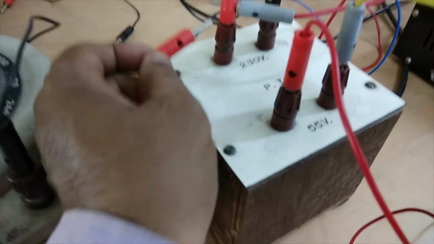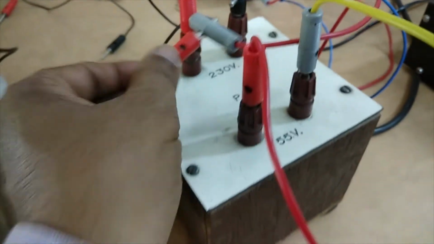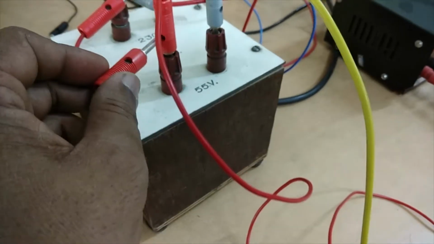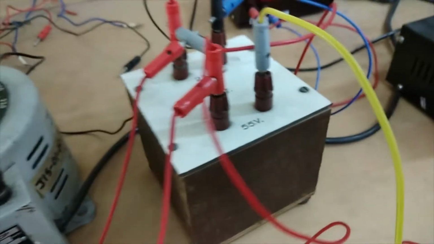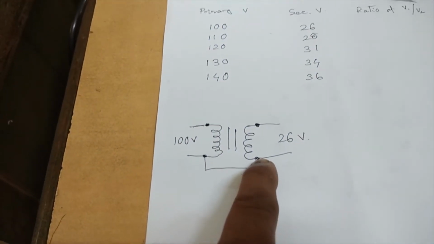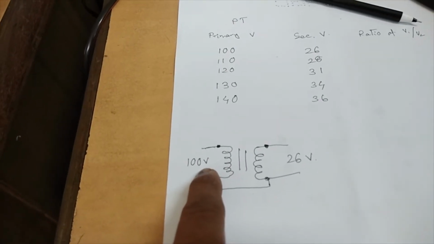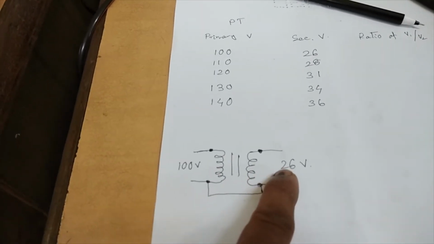Now I will short one primary side with one secondary side. Okay, so one primary side is shorted with one secondary side, and we have to apply 100 volt in the primary section, and the secondary section will show 26 volt.